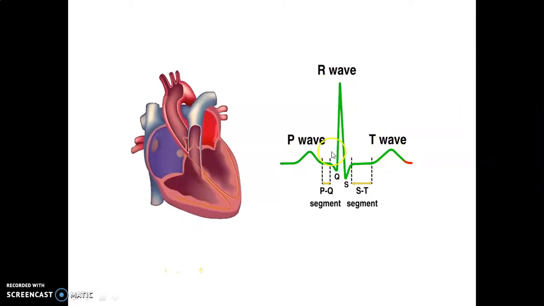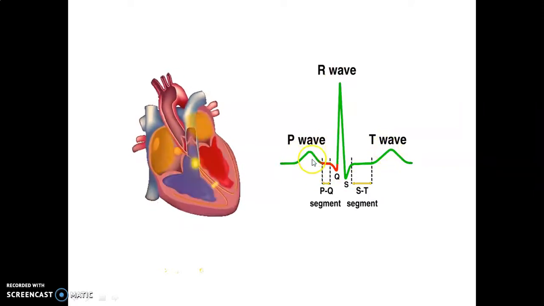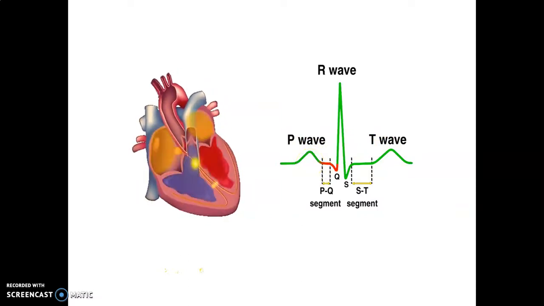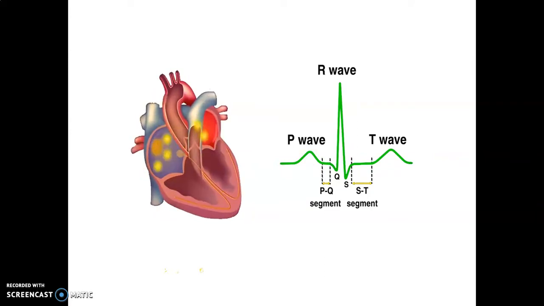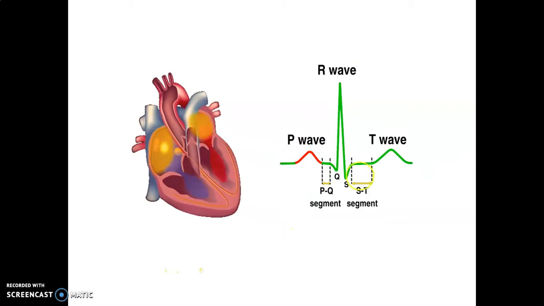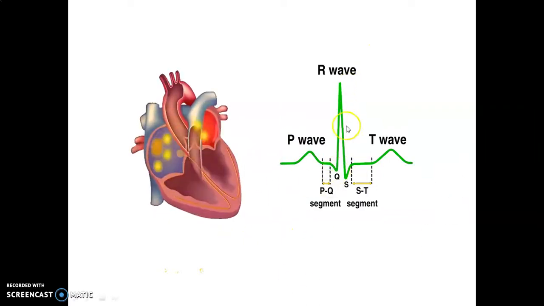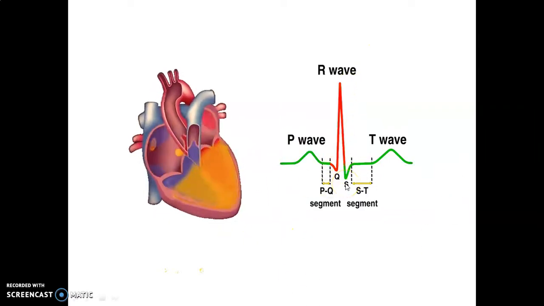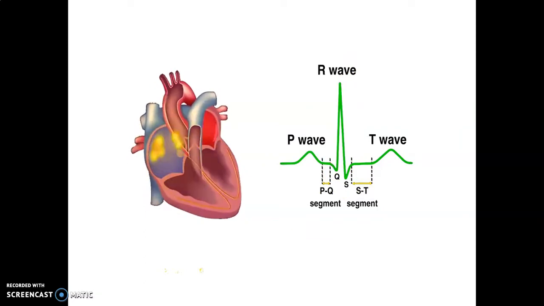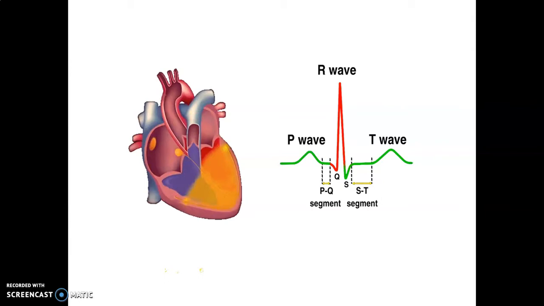First let's discuss the P wave. The P wave represents the electrical excitation of the atria, which leads to the contraction of both the atria. Then the QRS complex. It represents the depolarization of the ventricles, which initiates the ventricular contraction.